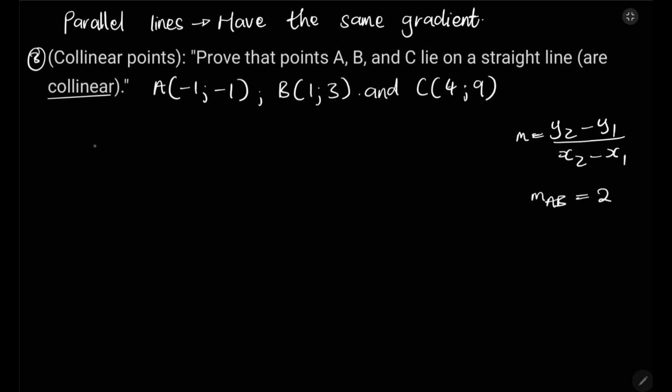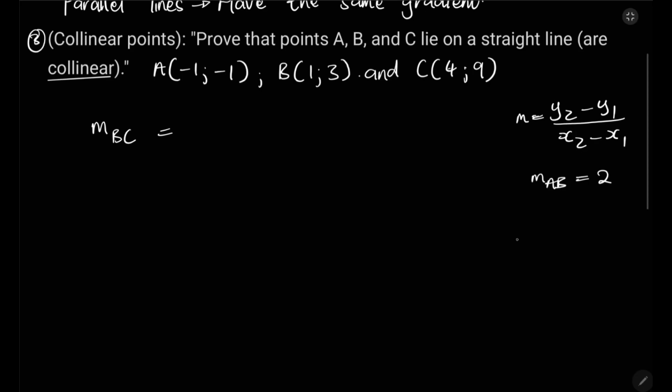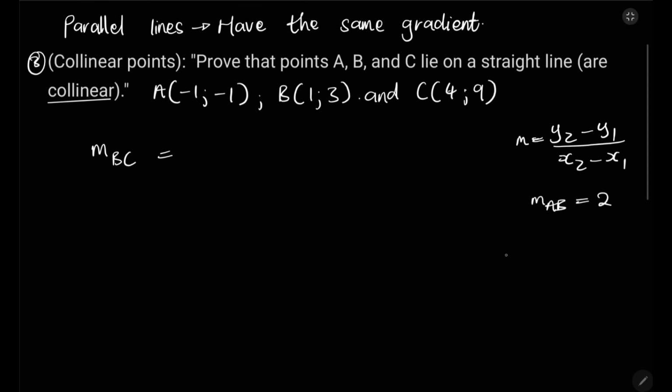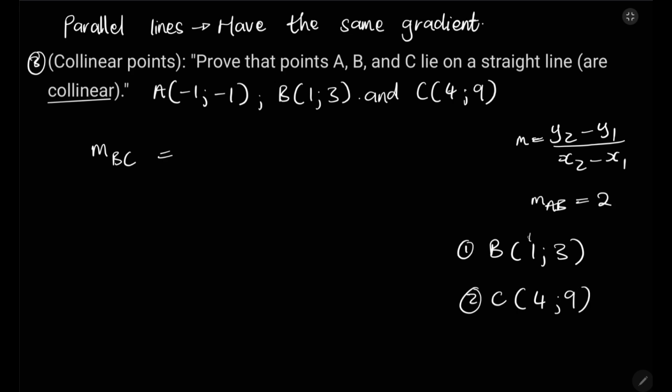Now let's find the gradient of BC. We have y2 minus y1. Let's label our coordinates. We have B, which is 1 and 3, and C, which is 4 and 9. This is the first point, that's the second point. We have X, Y, that is X, and that is Y. So this is X1, Y1, X2, Y2.